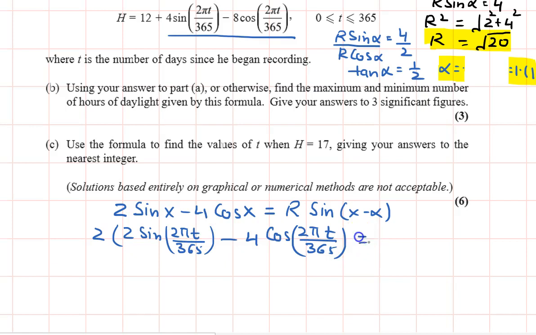This value must be equal to 2r sine, where x is 2 pi t over 365, minus alpha.